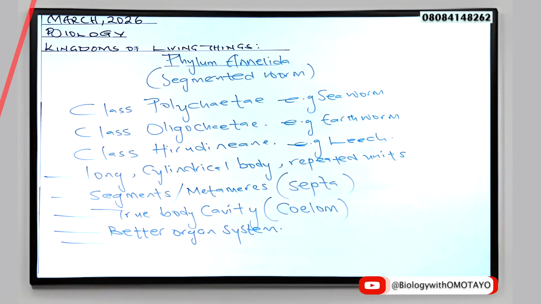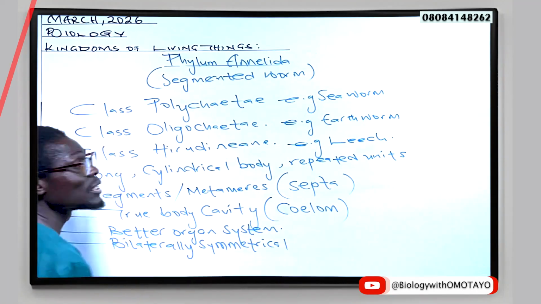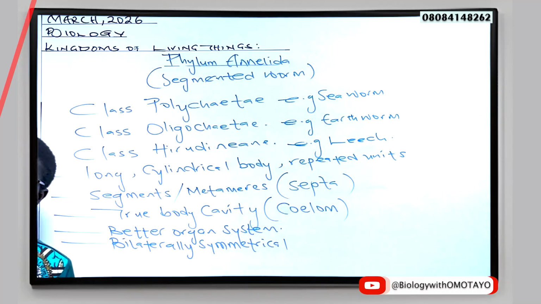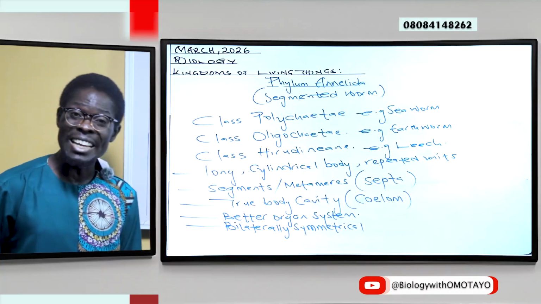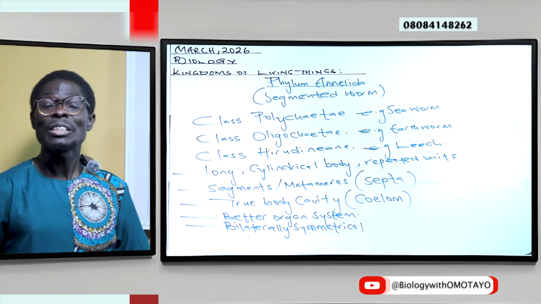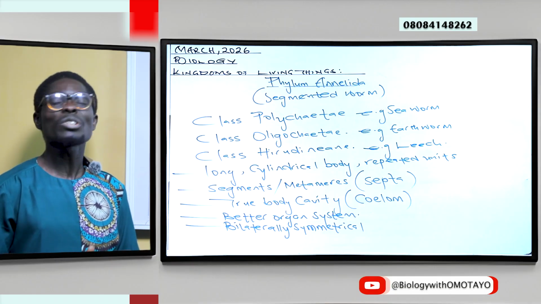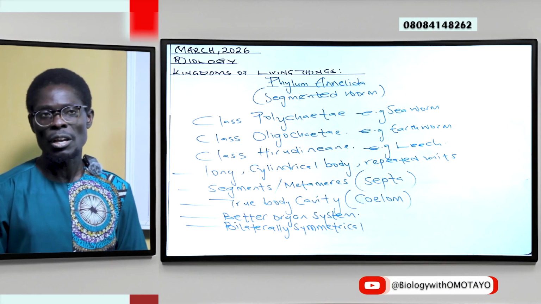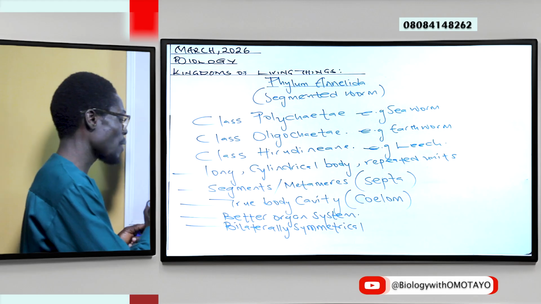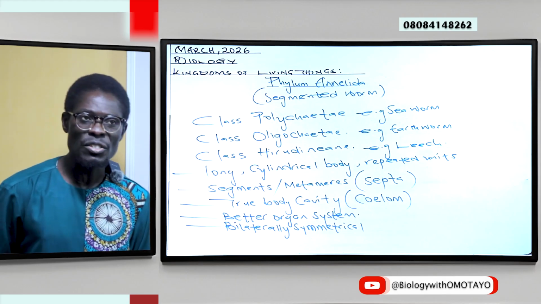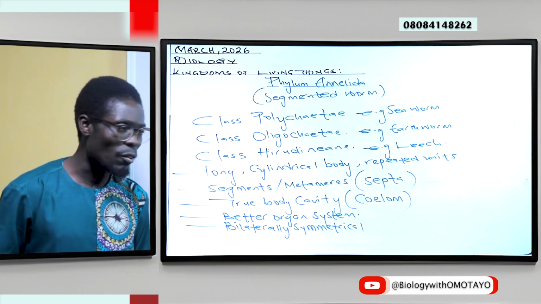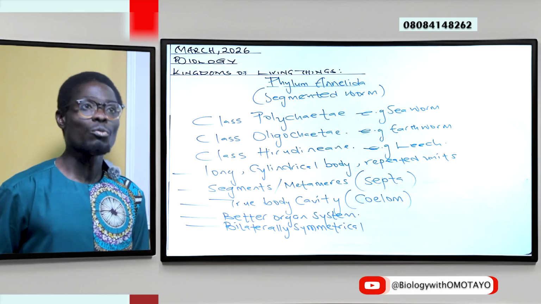They are equally bilaterally symmetrical. Organisms under annelid, in fact, permit me to tell you, the annelids are the most advanced form of worms. Organisms here have advanced digestive system, advanced nervous system, advanced circulatory system.